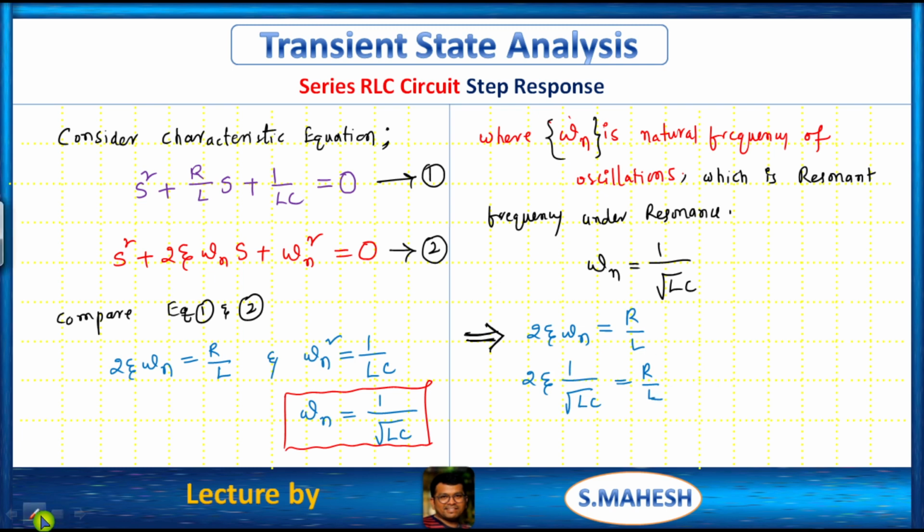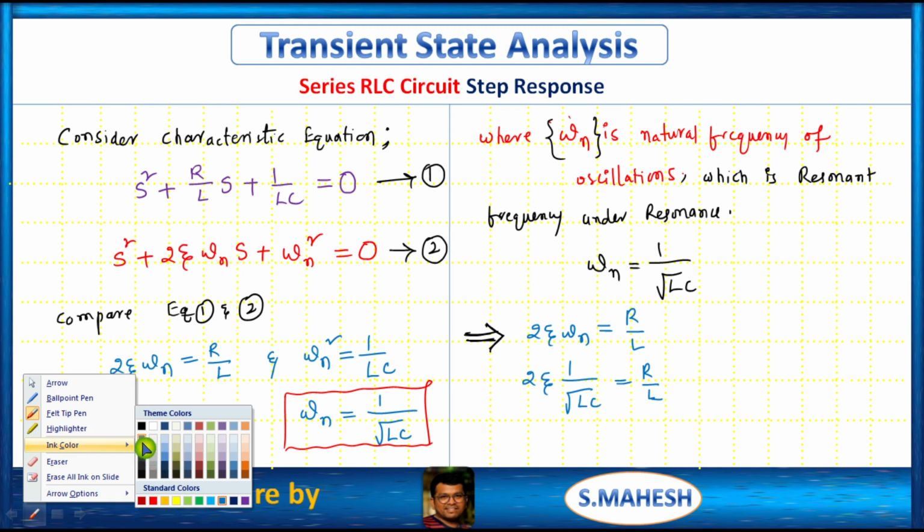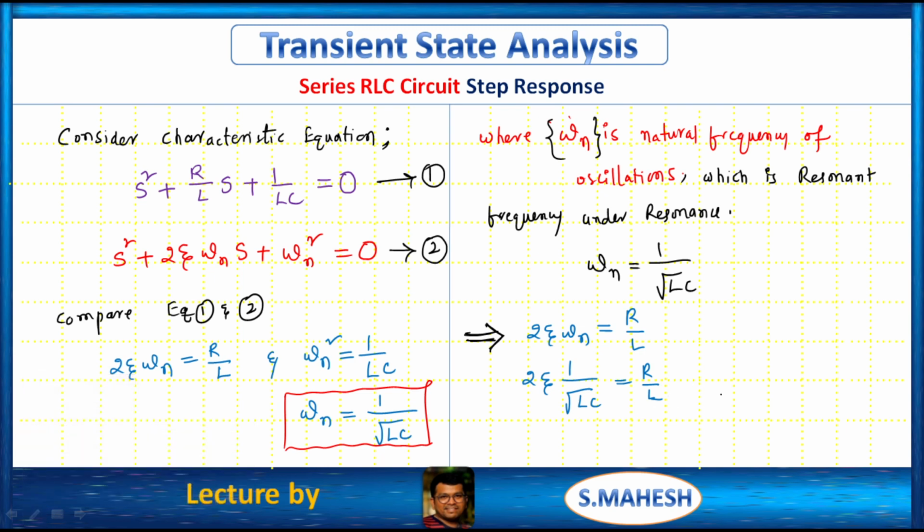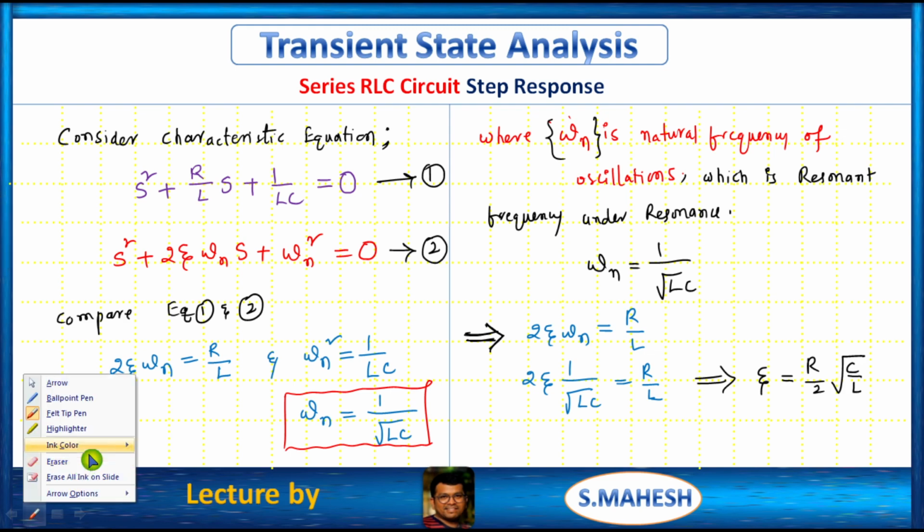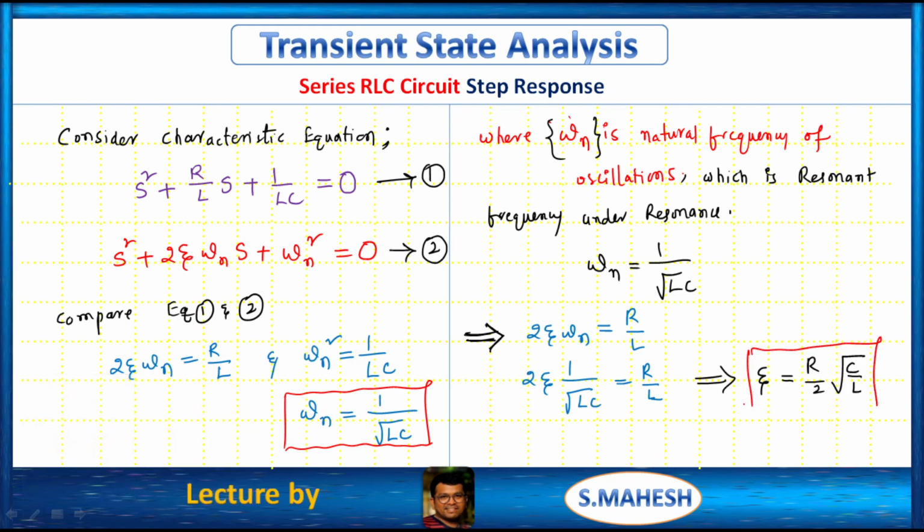Therefore zeta equals R by 2 square root of C by L. This is the zeta.